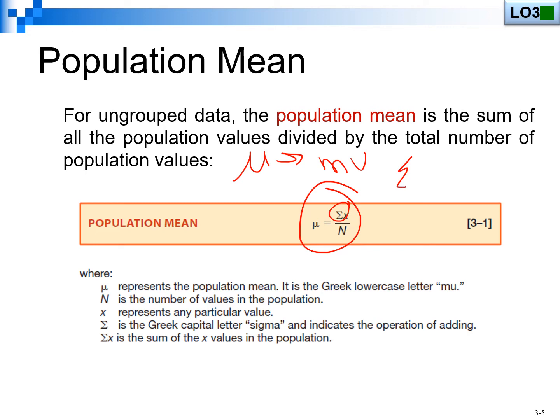That basically means to add, and then x is your observation, and then a capital N is going to represent a population. So depending on what you're looking at in terms of sampling or coming up with an average, they like to distinguish between the population and the sample by these symbols. So if you ever see this symbol right here, guys, that's going to be a population mean, which is pronounced mu.